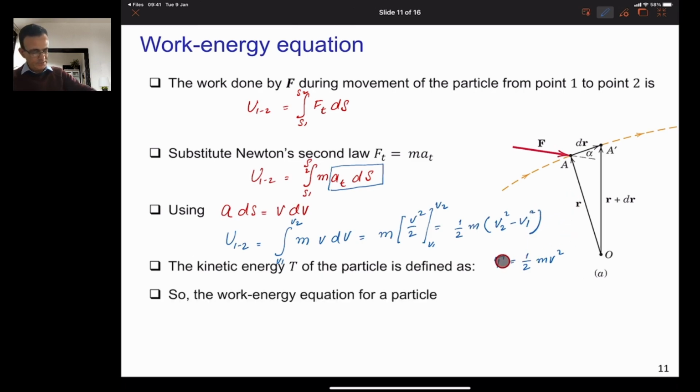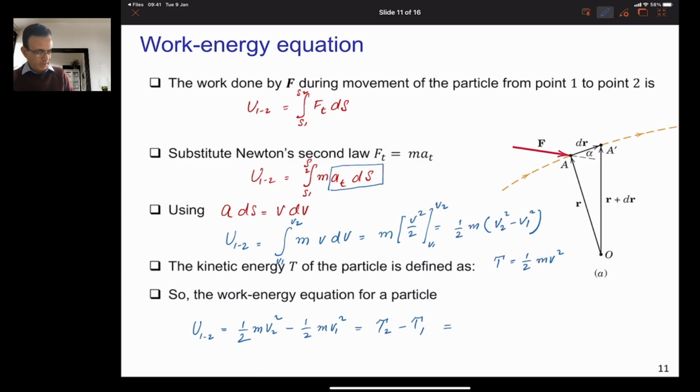If we replace T in this equation, then U12 will become half mv2 square minus half mv1 square, which is T2 minus T1. So T2 is the final kinetic energy of the body, and T1 is the initial kinetic energy of the body.